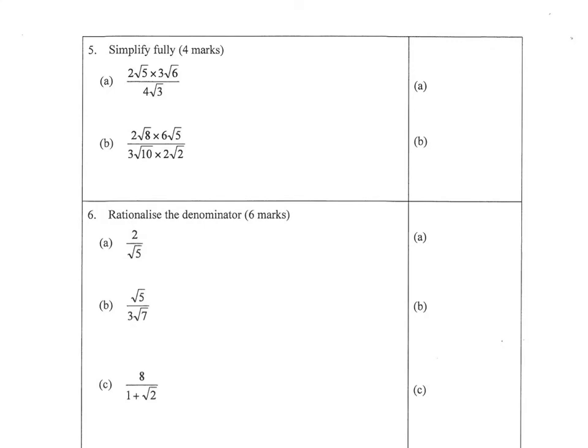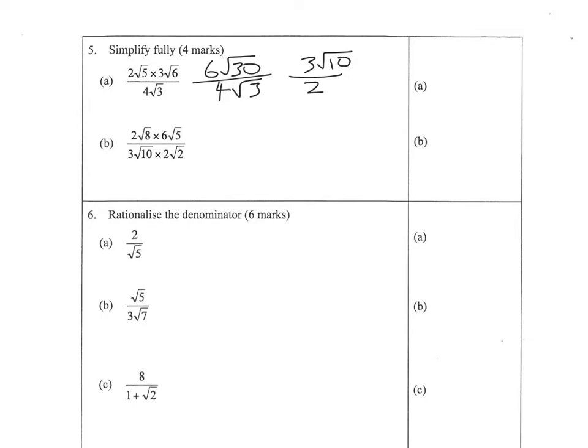Okay, 5. I would multiply and divide first and then simplify if necessary. So, top line, 2 by 3 is 6. 5 by 6 is 30 over 4 root 3. Now, 6 and 4 can't divide, but they can simplify. 2 goes into both. 3 and 2. 30 divided by 3 is 10, so it will be root 10 still at the top.